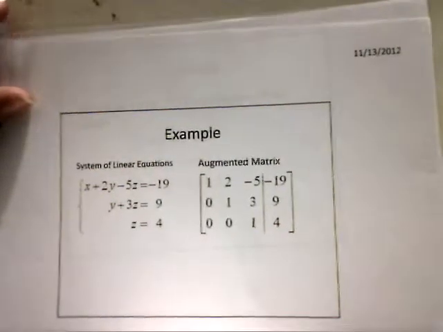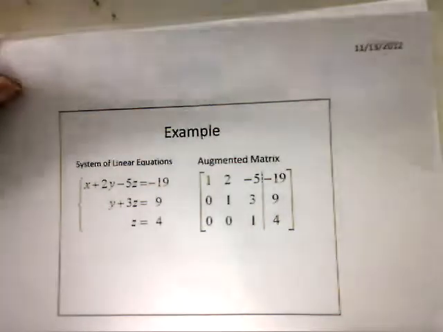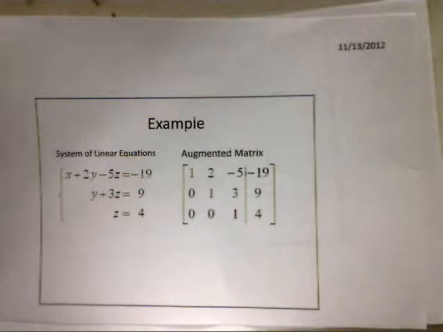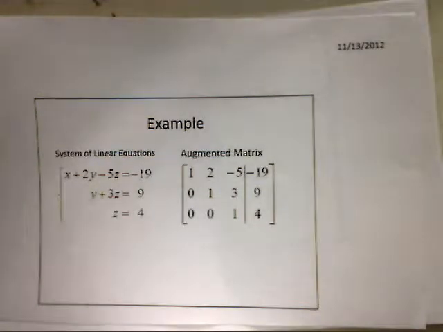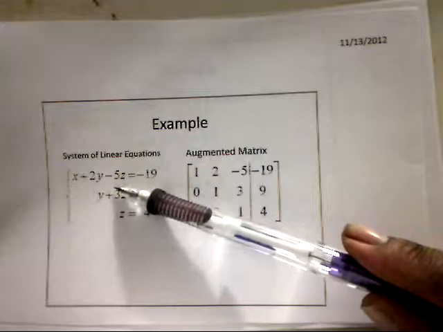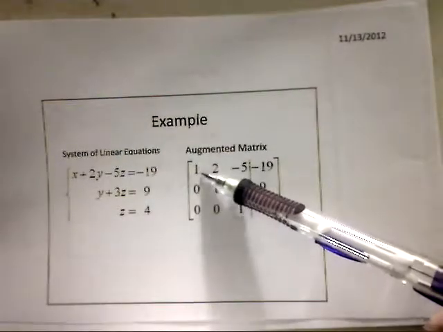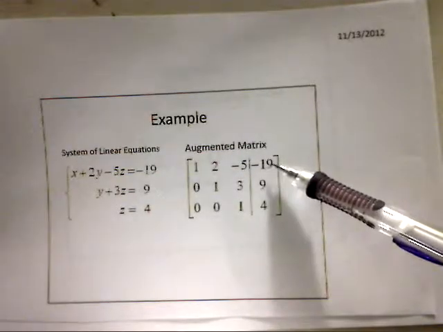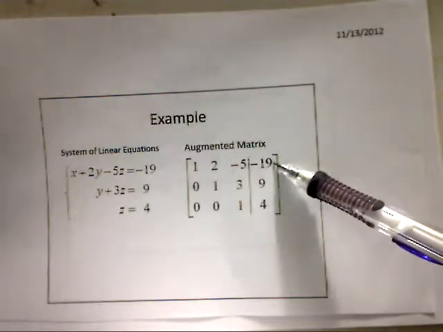Another example would be this: x plus 2y minus 5z is equal to negative 19, y plus 3z is equal to 9, z is equal to 4. That's the system of linear equations, and the augmented matrix is this. For the first equation, the coefficients will be 1, 2, negative 5, and then the constant after the vertical bar is negative 19.